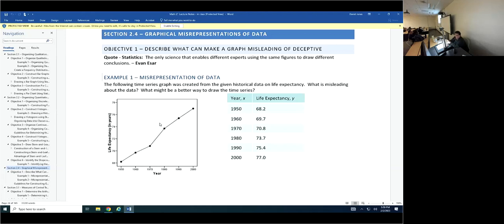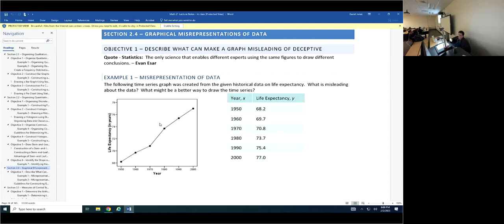If I look at the graph without looking at the data, the left says 1950, the right says the year 2000, and the left is really low on the graph and the right is really high up, and this is life expectancy. It looks like from 1950 to 2000, we got really good at saving lives.